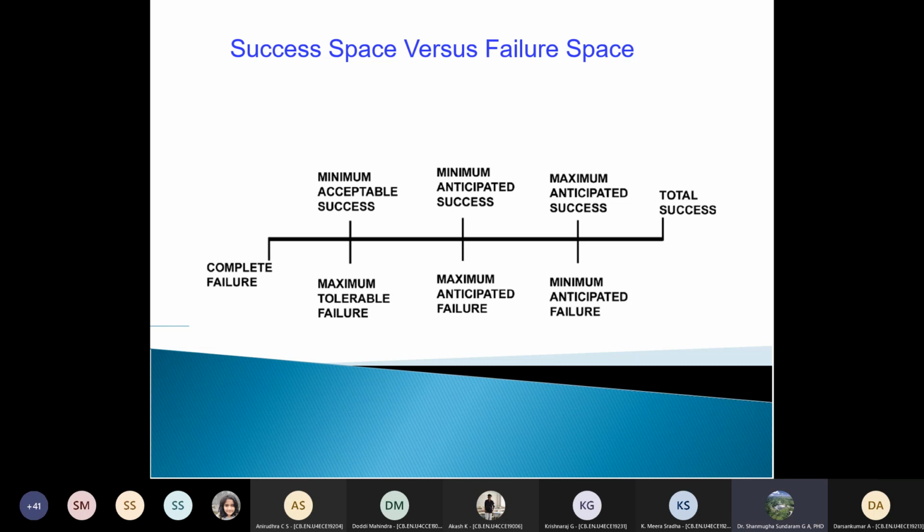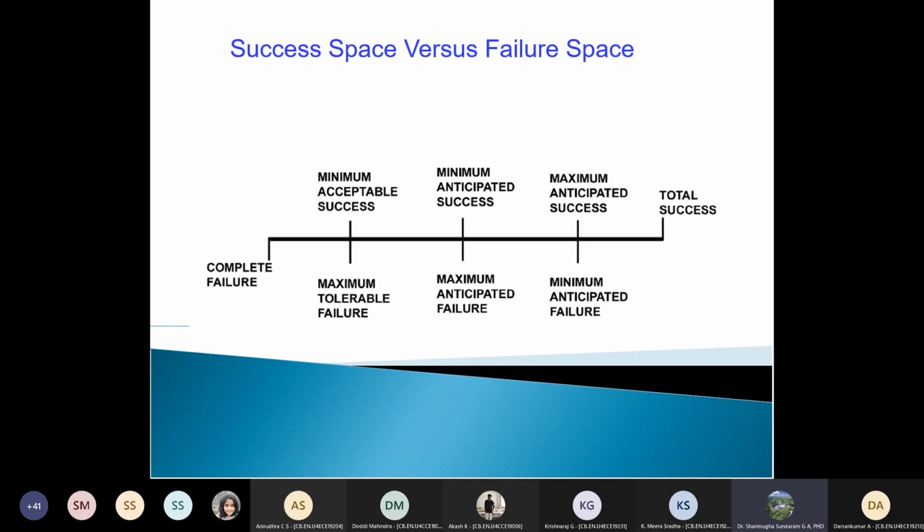So evidently, you can notice here that on one side of this pair of domains, where there is either a failure or a success attributed to the avionics system, you have a tolerable level of failure, an anticipated level of failure, which could be either a maximum or a minimum value.